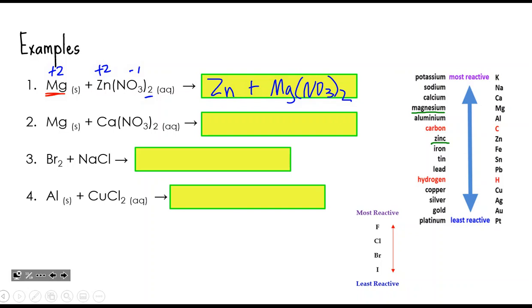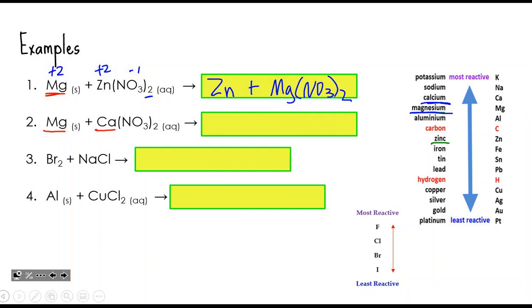Now let's look at the next one. We have magnesium again, but this time it wants to switch with calcium in there. So let's look at our chart over here. We have magnesium again, but calcium's right there. Is magnesium more reactive than calcium?